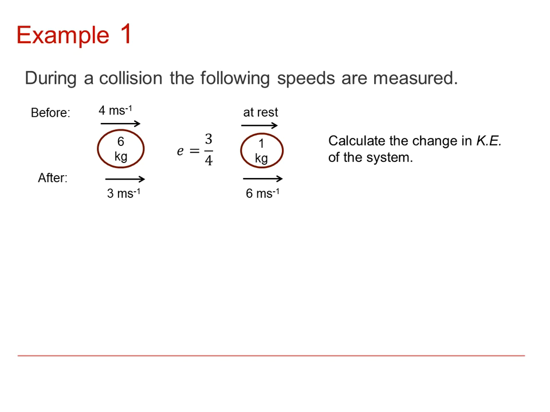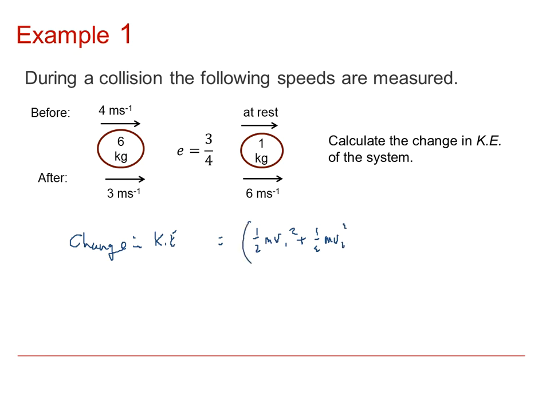If we want to consider the actual change in the kinetic energy, we'd have that the change in kinetic energy is equal to 1/2 m1 v1 squared plus 1/2 m2 v2 squared.